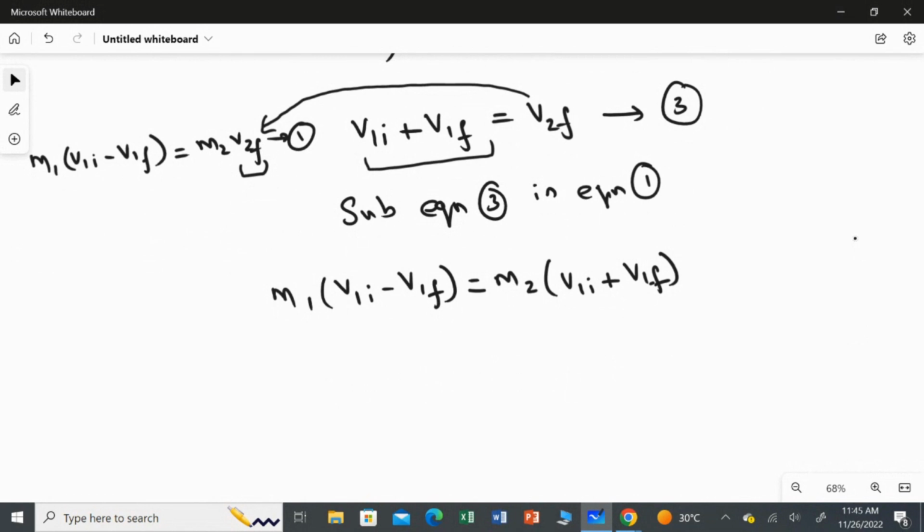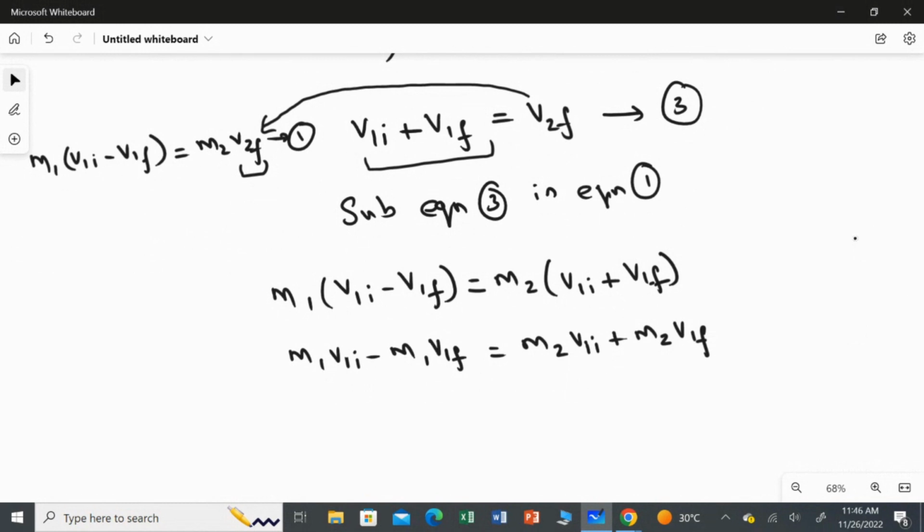So M1 multiplied by V1I minus M1 multiplied with V1 final. Likewise, on the right hand side, M2 multiplied with V1 initial plus M2 multiplied with V1 final. Clear?